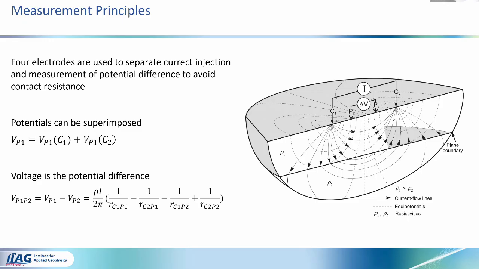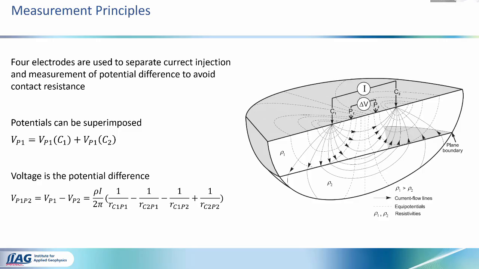And this contact resistance can be much higher than anything else. So that's why I'm using 4 electrodes: 2 electrodes for injecting current, and 2 other electrodes to measure the potential. And measuring the potentials is avoiding contact resistance, because there's no current flowing when measuring this.